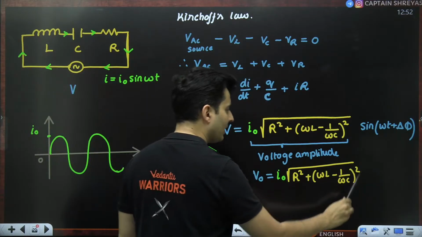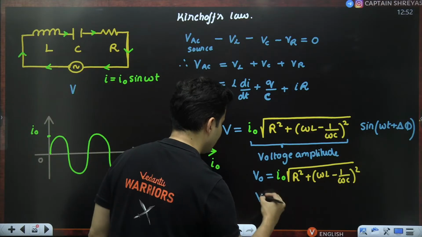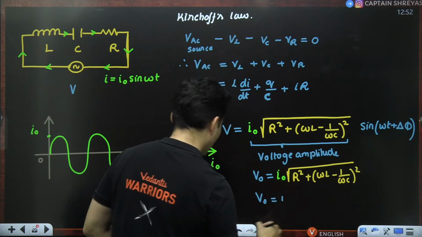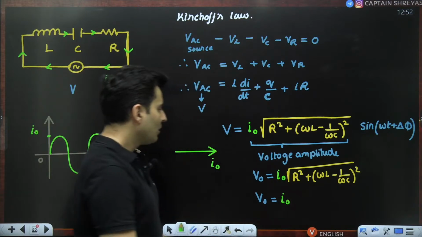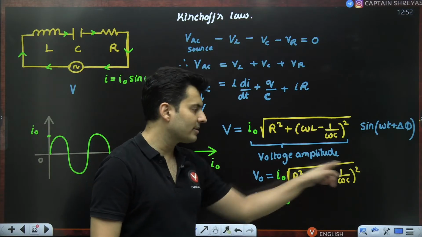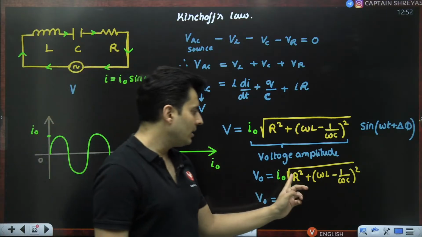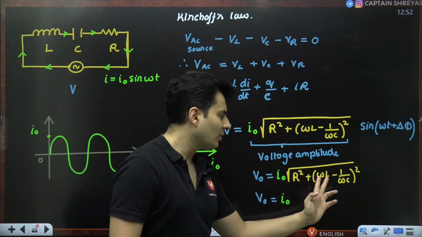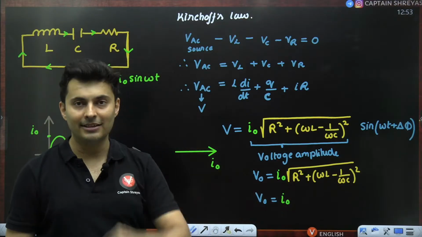Now you might be wondering, is there a name for it? The answer is yes. This term is like resistance, but it is not resistance. V is IR. So all this thing in yellow is like resistance, but it is a combination of resistance and reactance. Do you see what omega L is, and 1 by omega C is? They are reactances.